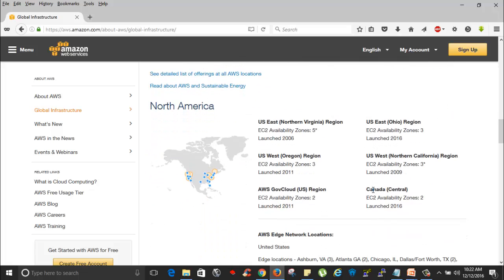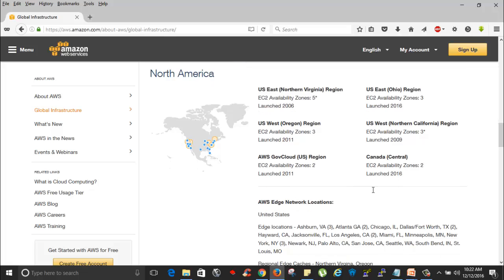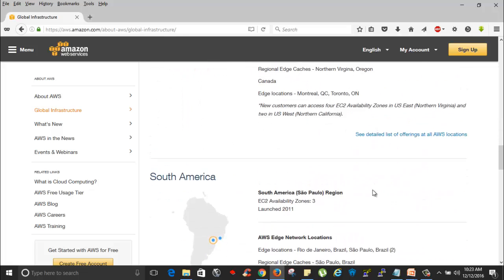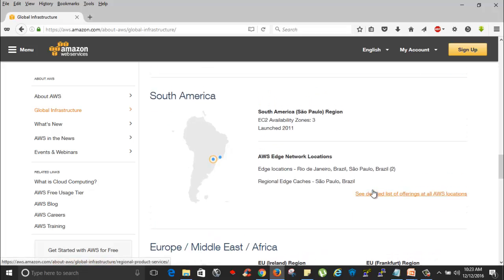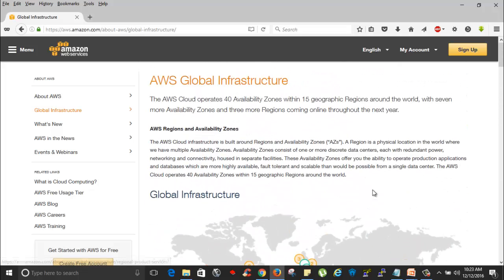And they have a detailed location of each and every continent here. It's not essential that you know the locations, but it is very essential to know about AWS regions. What do you mean by availability zones? What do you mean by edge locations? That's what the next slide is about. Let's take a look at it.